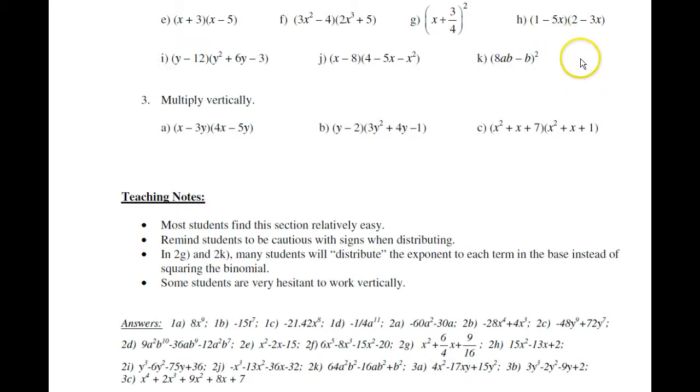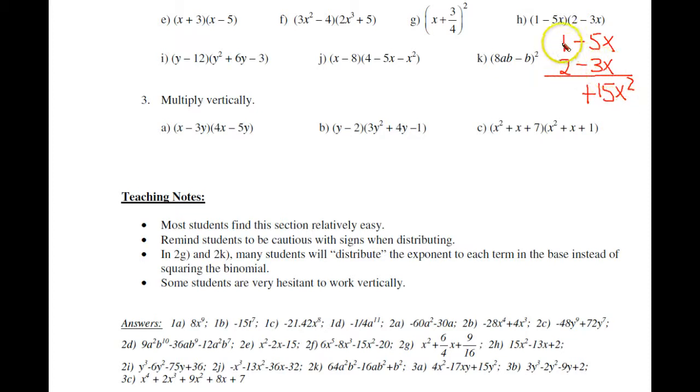Now for this next one, let's set it up this way. 1 minus 5x and 2 minus 3x. Again, we're going to do this vertically. So this times this is a positive 15x squared.